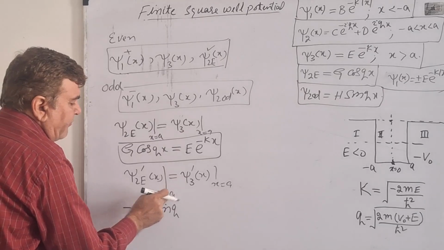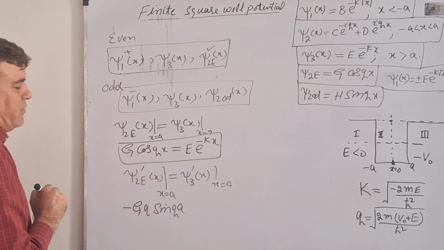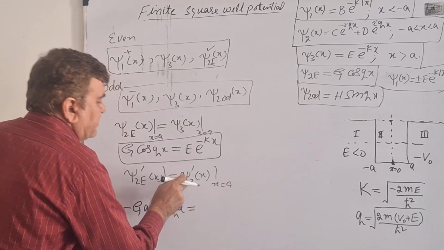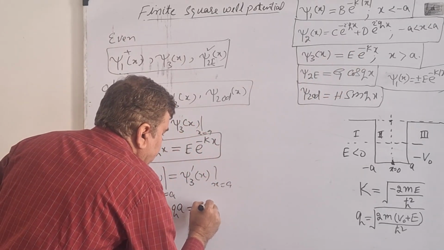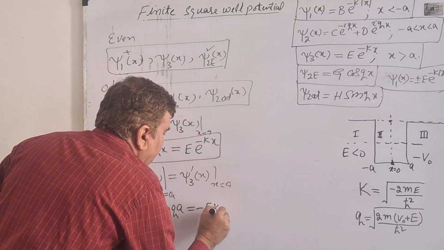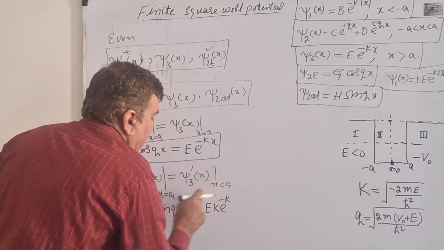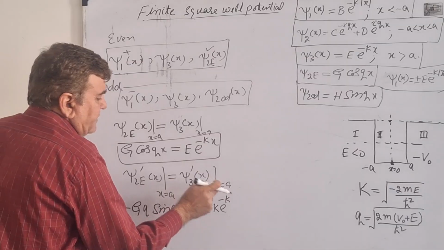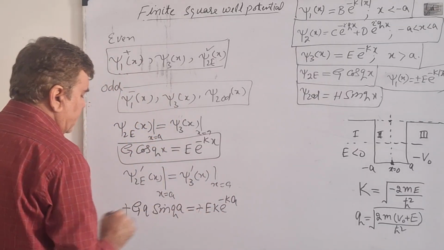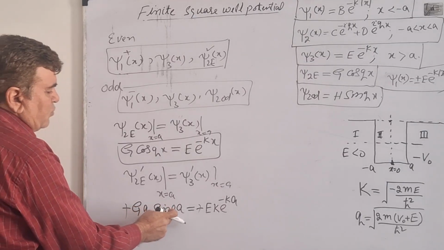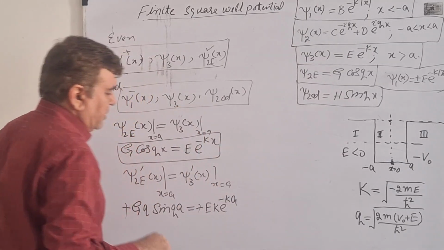And I replace the value of x, which is a, so I call that qa, and that equals the derivative of psi 3, which is in fact minus e times k exponent minus k, and I put the value of x, so that is a. I can cancel this with this, therefore I have gq sine qa equals e k exponent minus ka.